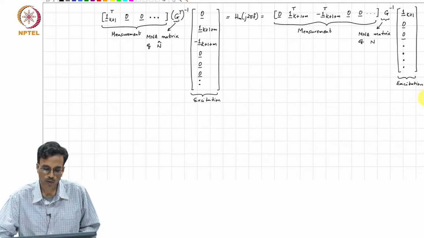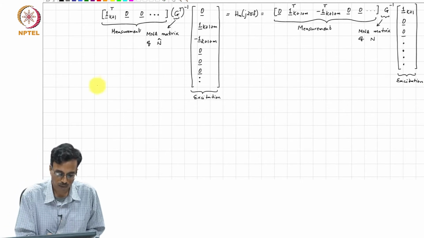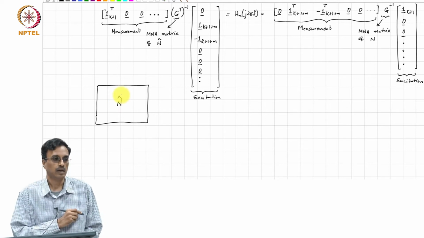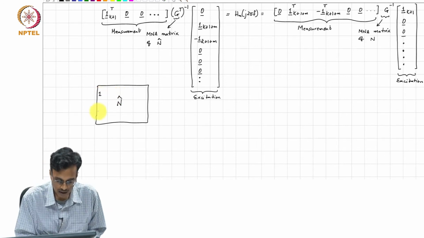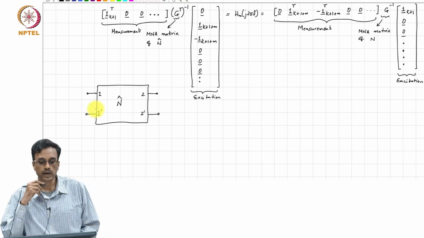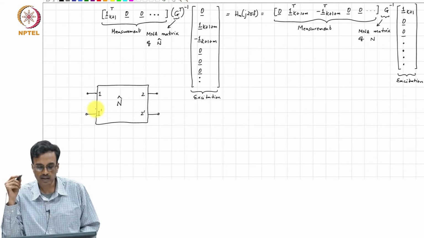Okay. Now, how do we interpret in network form what this means? So, basically we have our network, what we call N hat, all right, and where do we add the excitation?